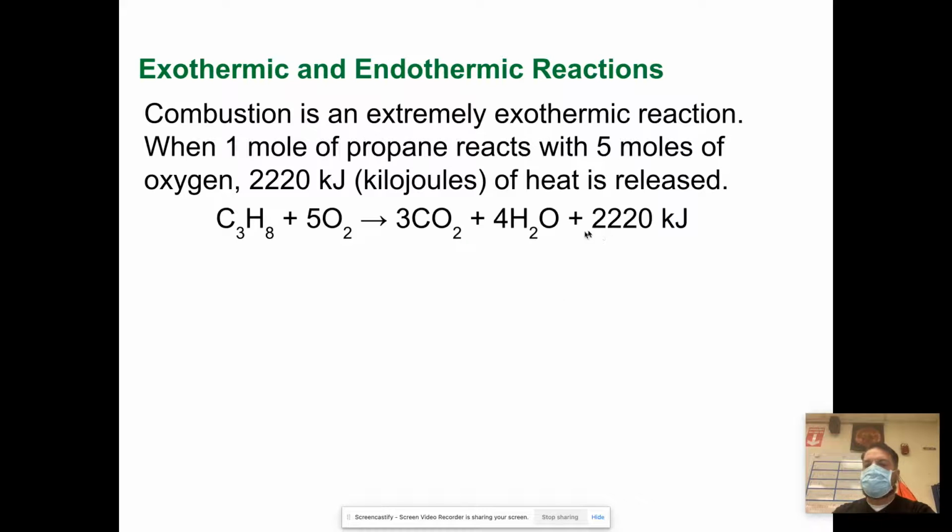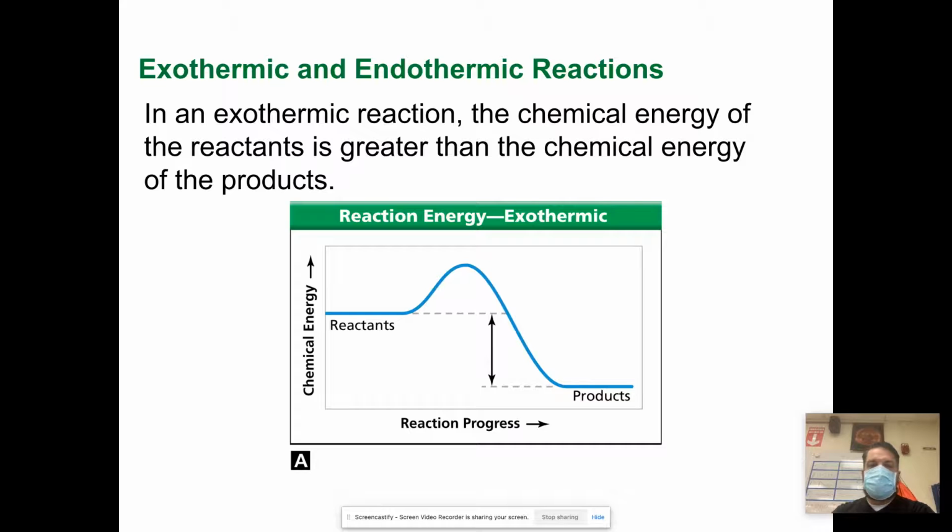So before we just wrote heat, but if you want, you can actually calculate how much heat is released. Now we're not going to do a whole lot of that in your ICP class, but if you were to take an upper level chemistry class, you would have to calculate that. So what does it mean? Well, in an exothermic reaction, the chemical energy of the reactants is greater than the chemical energy of the products.